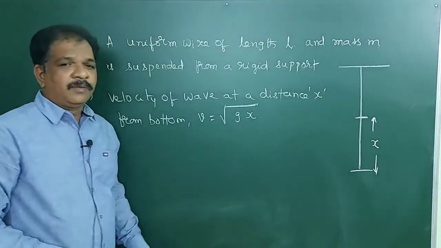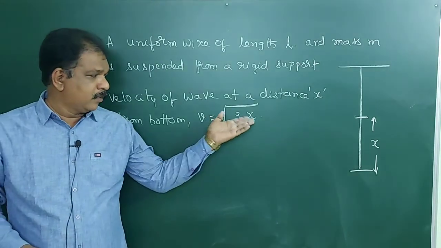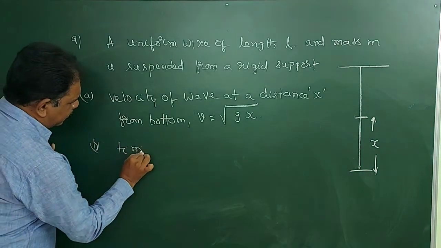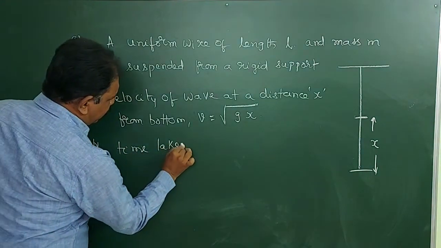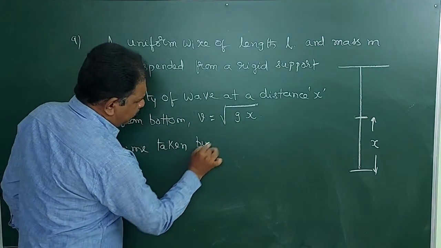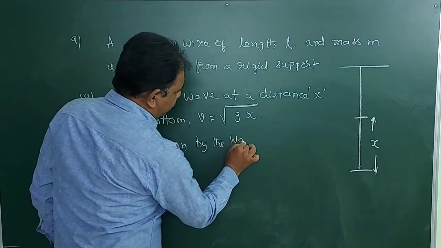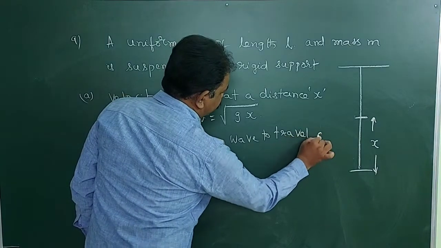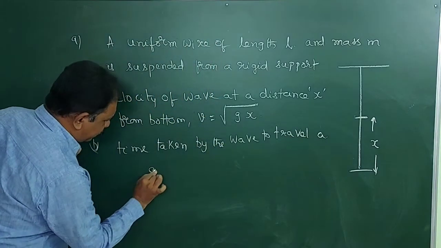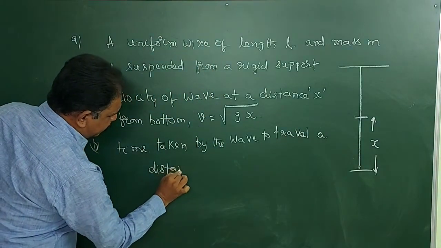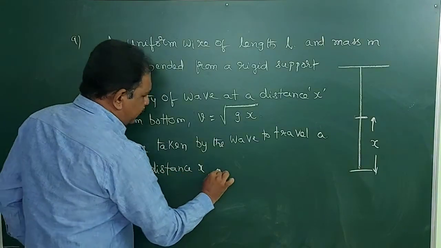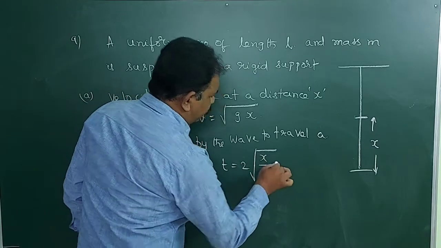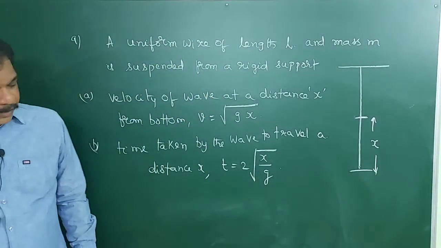Direct problems will be there; you use this formula. And the time taken by the wave to travel a distance x is t equal to 2 into root of x by g.